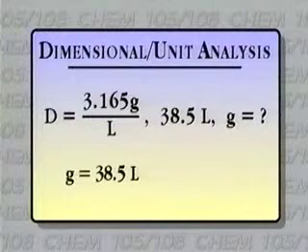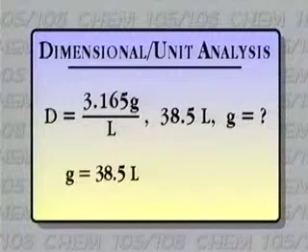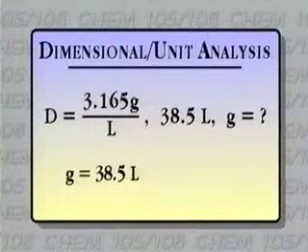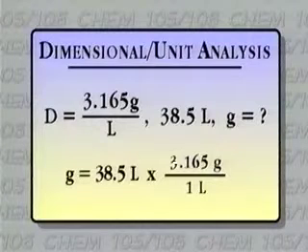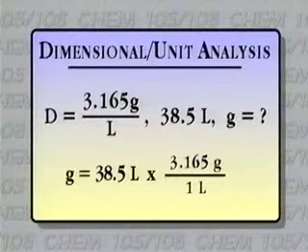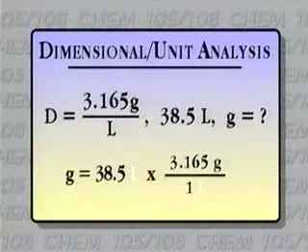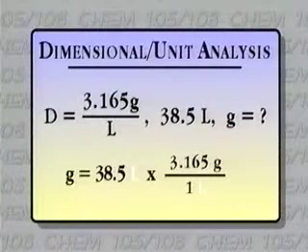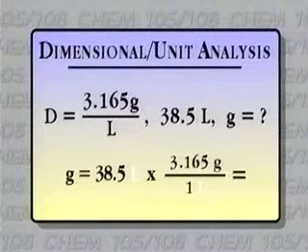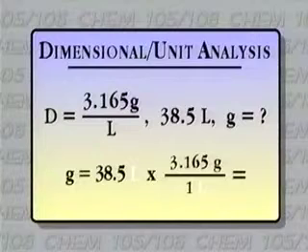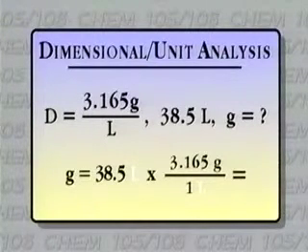So if we use the density as a conversion factor in this case, again paying close attention to units, if we were to multiply by 3.165 gram over 1 liter, we notice that the liters will cancel unit-wise, and we're left with grams, and that's what we wanted. And so now we would do the mathematical number and have our answer. Any questions on that one?